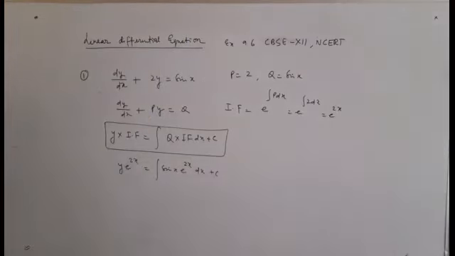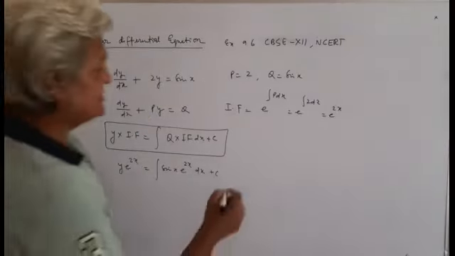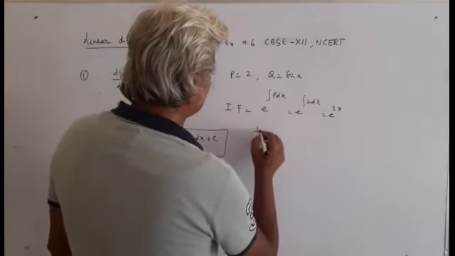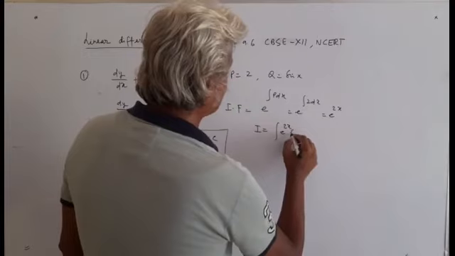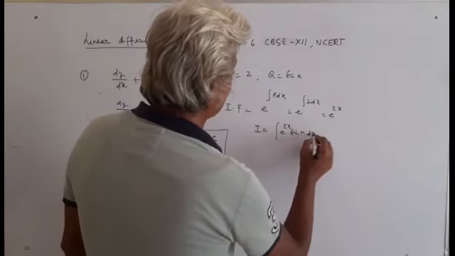Now how do we find the integration of this? You have studied integration by parts. It goes like this: I is e to the power 2x sin x dx, using ILATE.